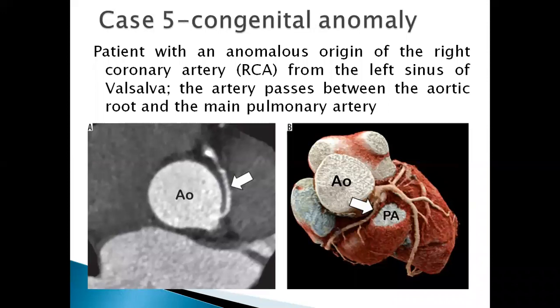This one is showing an anomaly again, where the right coronary artery, instead of arising from the right side of the ascending aorta, is arising from the left side of the ascending aorta.